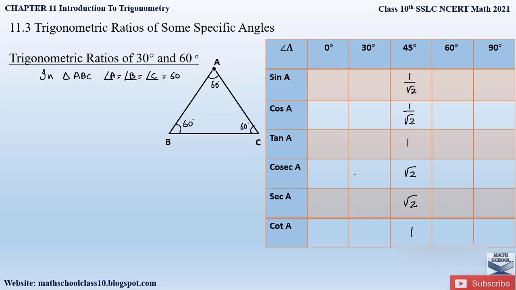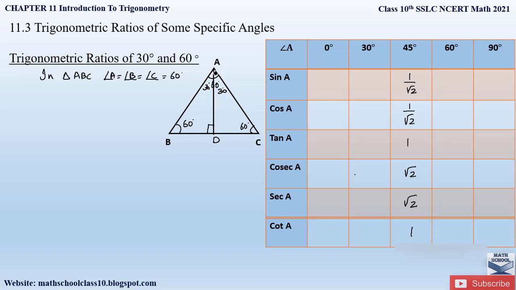Now let us draw a perpendicular AD from A. So let us name this as D. Then what will happen? This angle A will be divided into two angles, that is 30 and 30 degree. So angle BAD will be 30 and angle DAC will also be equal to 30 degree.